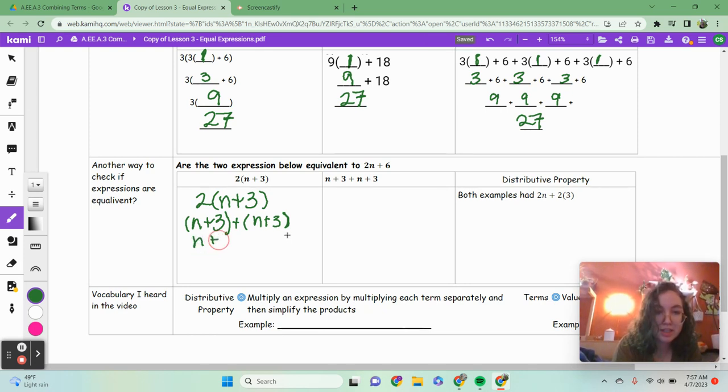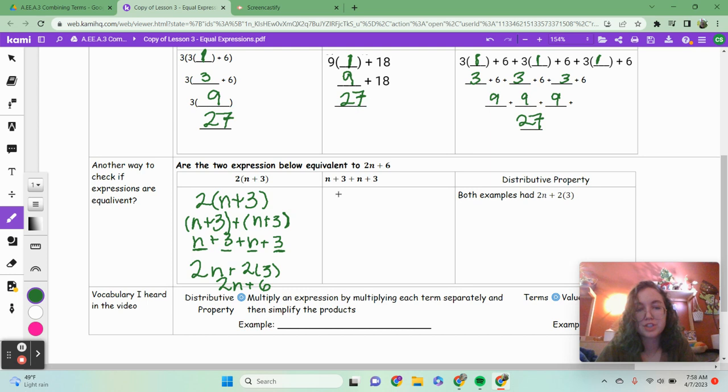I can combine my like terms like we did in the last lesson, and I have my n's that I can combine, so I have 2 n's. I have my 3's that I can combine, so that's 2 3's, or 2n plus 6.